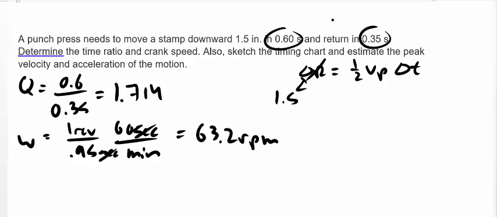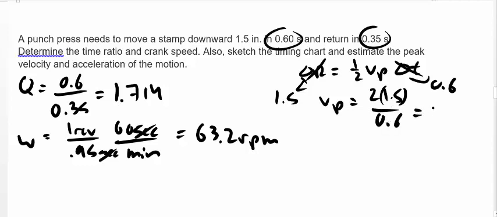All right, so we can do the advancing aspect. Right, so that would be the 0.6. Okay, so that means V peak is equal to 2 times 1.5 divided by 0.6. We get a 5 inch per second for the advancing peak velocity. Alright, so we'll put 5 there.